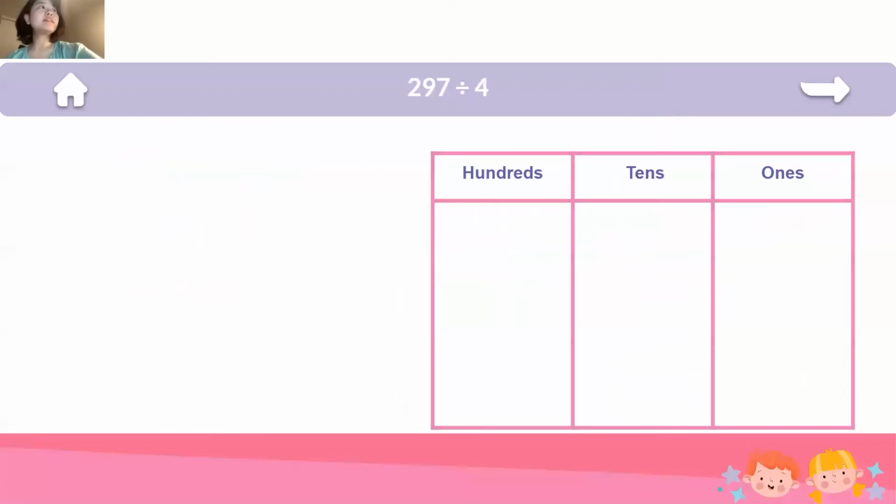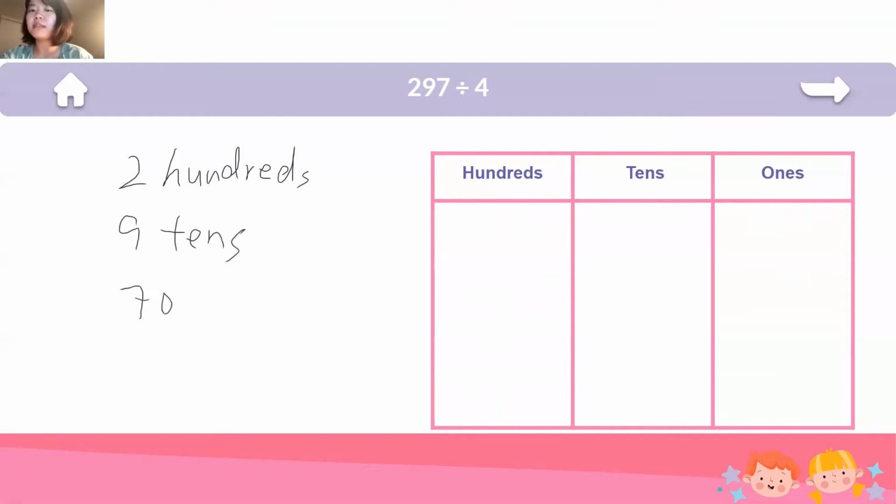Okay, let's see this one: 297 divided by 4. We can also write 297 as 2 hundreds, 9 tens, and 7 ones. Let's present it on the place value chart: 2 hundreds, 9 tens, and 7 ones.